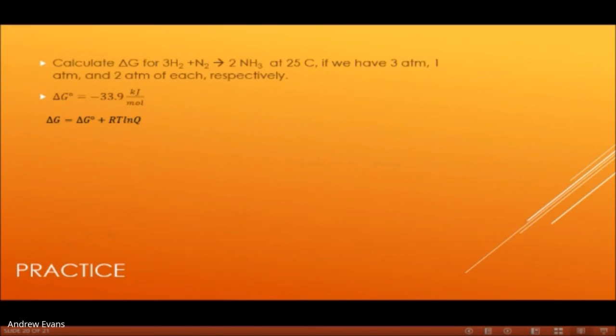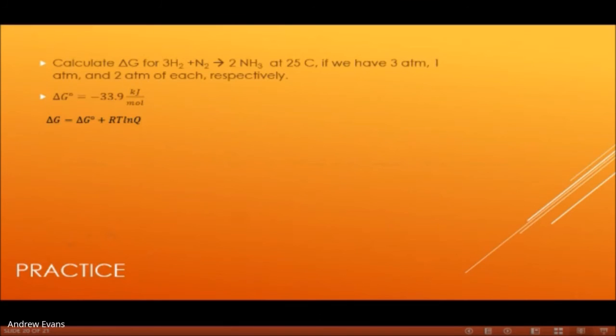If we have 3 atmospheres, 1 atmosphere, and 2 atmospheres, so 3 atm, 1 atm, and 2 atm, what is our actual delta G for that situation? And I'm going to further ask, what is our K for that situation?